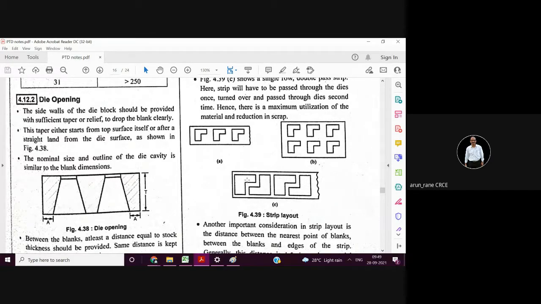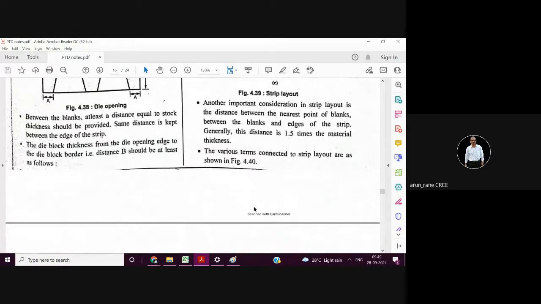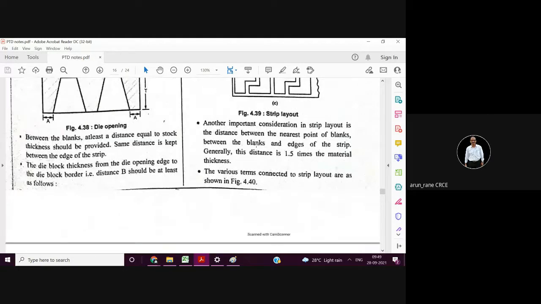These two punches are together, so you have to see what is the wall thickness between the two punches. If that wall thickness is less than 3 mm, then the punches will collapse. To ensure that, the minimum wall thickness should be 3 mm between two punches, preferably 5 mm.